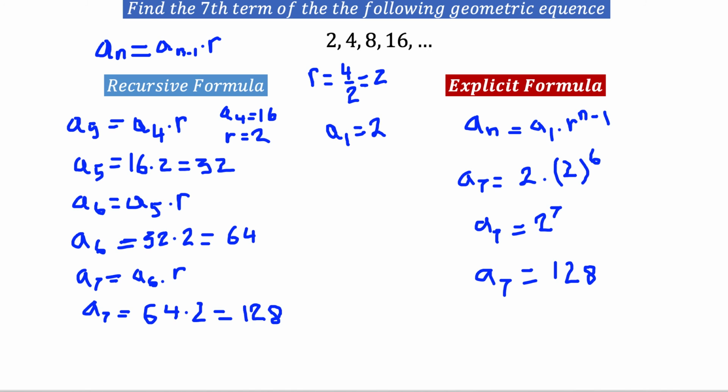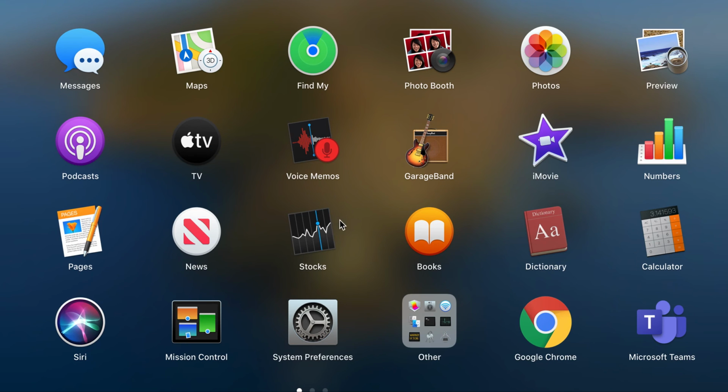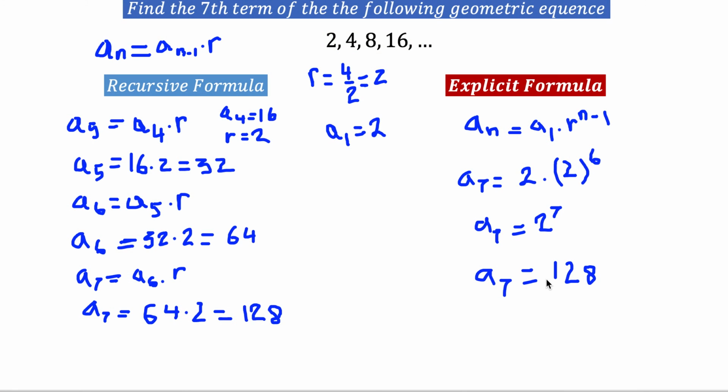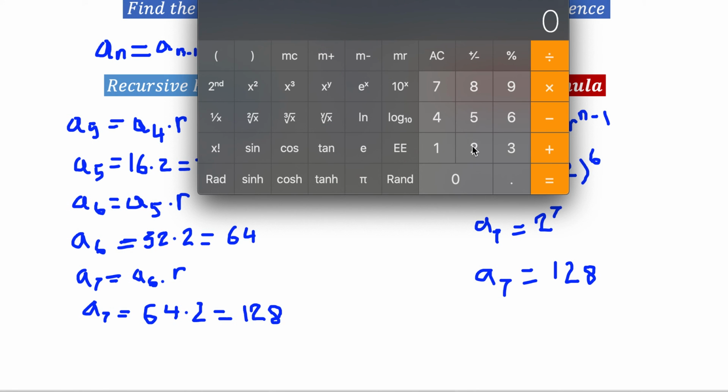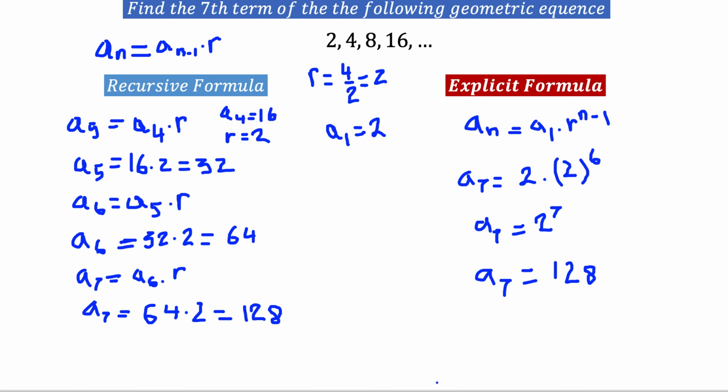If we want to check this in a calculator, you can, but since it's a very small thing to verify, 2 to the exponent 7 is 128. So we verified it. With the explicit formula, we can find this result right away, in one shot. But with the recursive formula we have to do lots of calculations until we get a term of the geometric sequence.